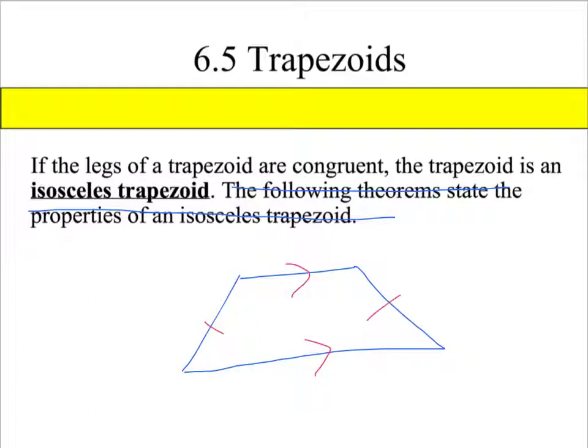If you have your legs congruent and one pair of parallel sides, then you have an isosceles trapezoid.